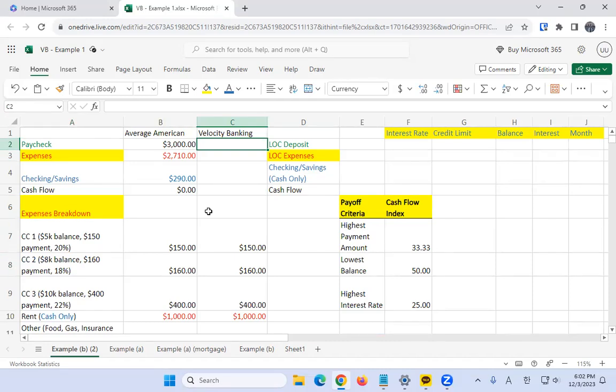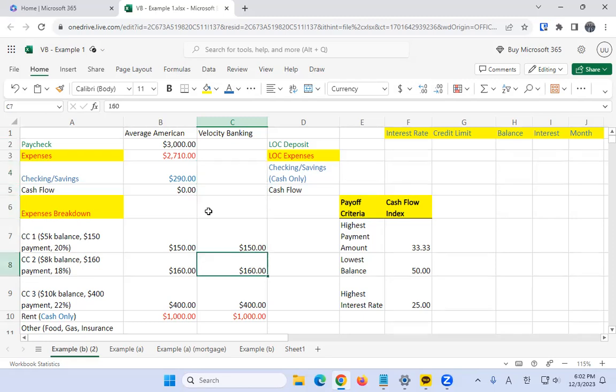There are some things that we have to pay in cash, right? Many places, when you pay rent, they only take it in cash, right? And the credit cards that we're paying with the minimum monthly payment, we're going to pay that in cash as well. So we have to be careful that we have some cash left in our checking and savings to pay the rent and the other 2 credit cards.